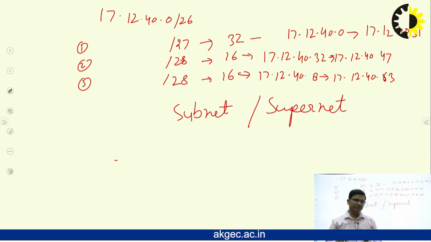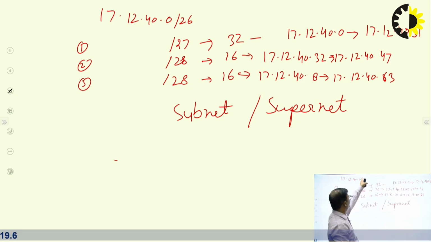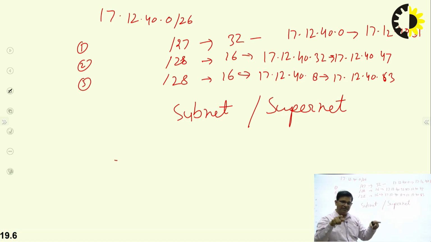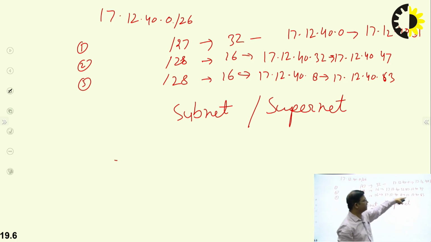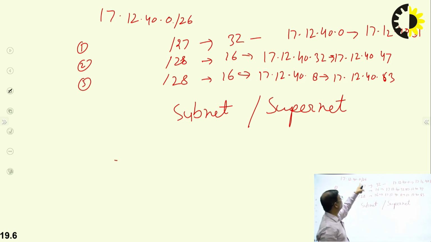In subnetting, we can avoid the wastage of IP addresses. And if these three are chunks of subnets, and we combine these three into one network, so one network is this. So subnet is the breaking of this IP address into these categories, and combining these subnets into one is called a supernet.